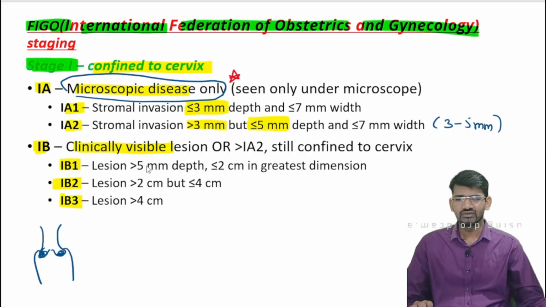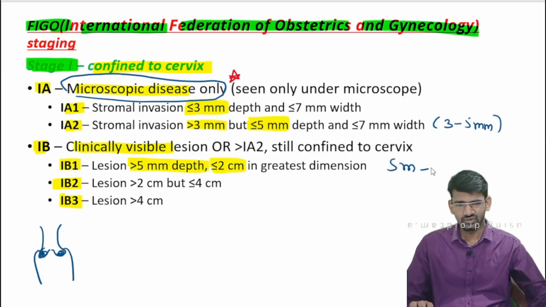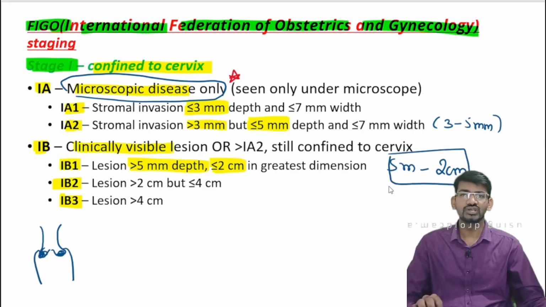In B1, the lesion is more than 5 mm depth, but less than 2 centimeter. So here it is between 5 mm to 2 centimeter. The depth of invasion means how much it has invaded into the cervix.